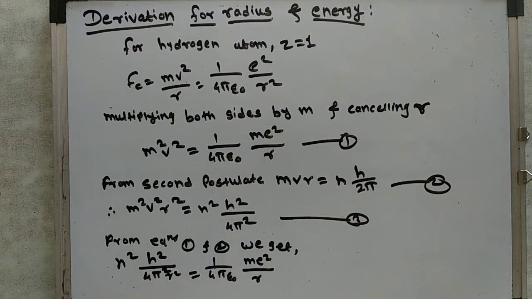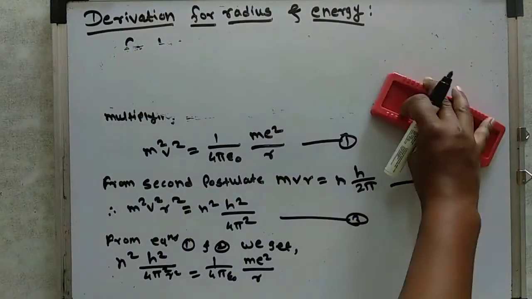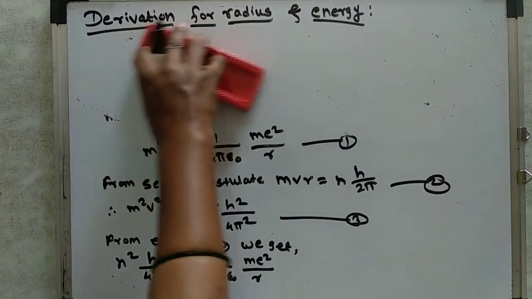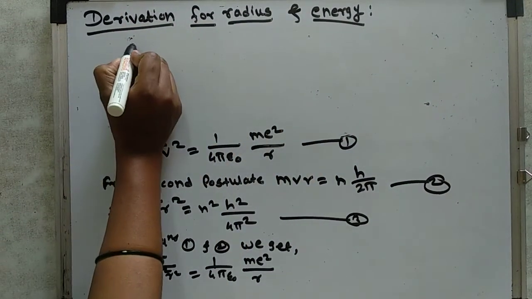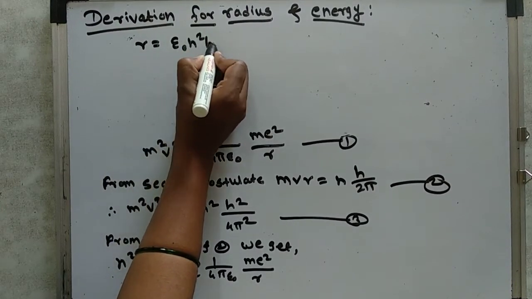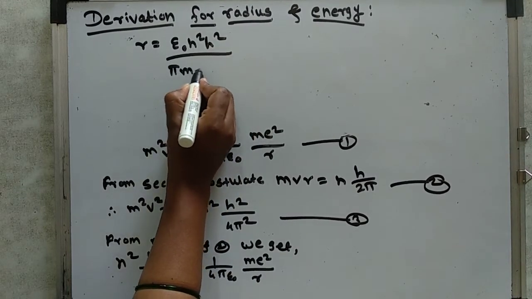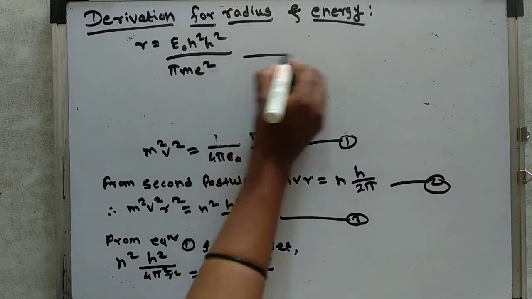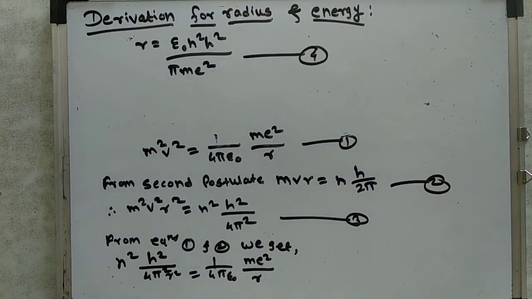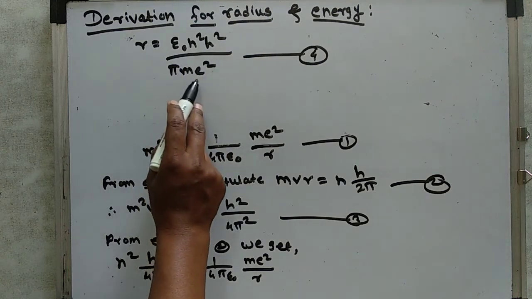Find the value of r. So we can write r is equal to epsilon naught n square h square upon pi m e square. Equation number 4.